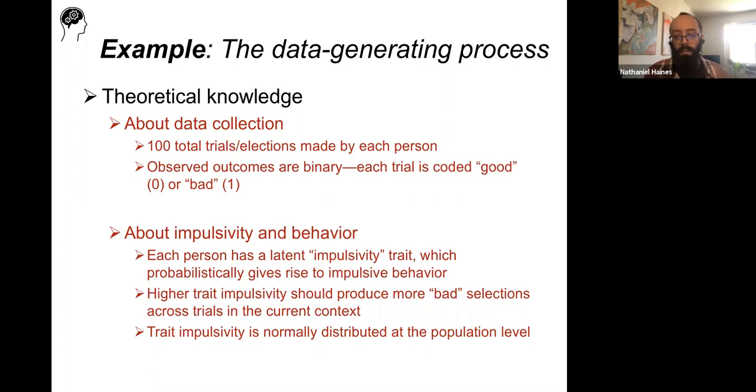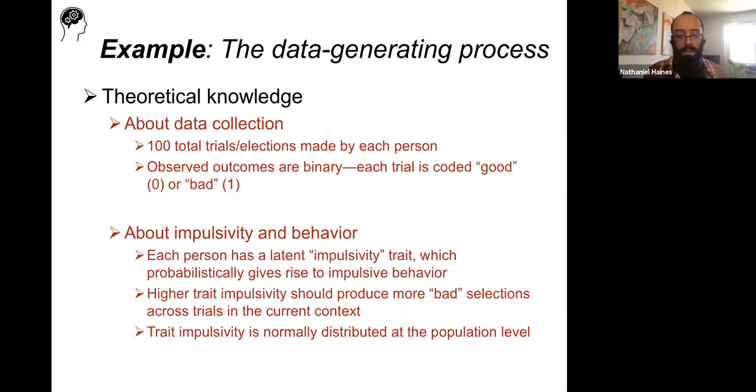A person who is high in impulsivity engages in impulsive behavior quite frequently, though not all the time; it's probabilistic because behavior is complex and kind of random. We think there's something underlying the person that gives rise to the behavior we observe in a task. In this case, people higher in impulsivity should produce more bad deck selections across the trials.